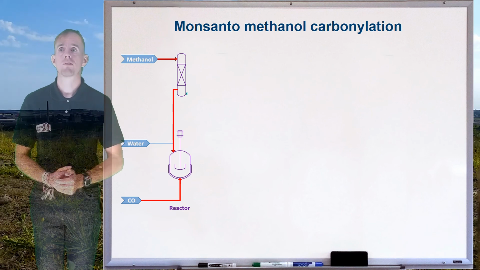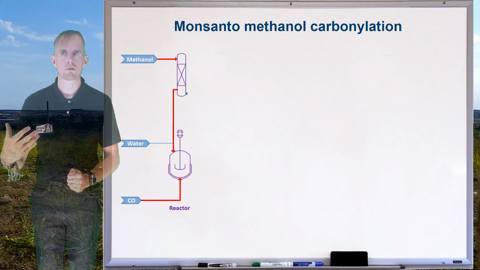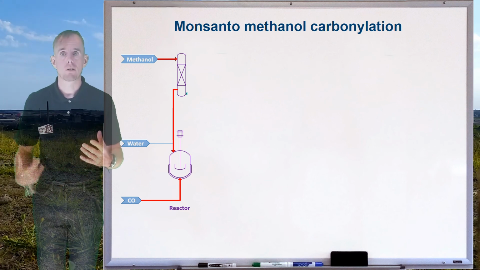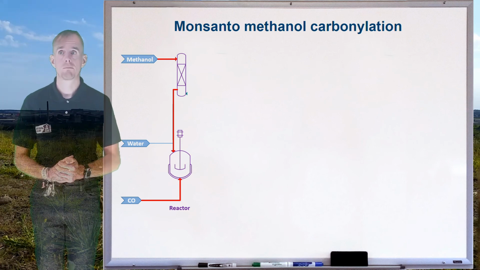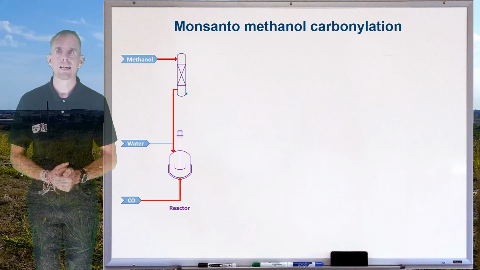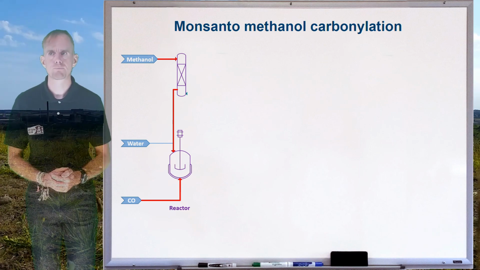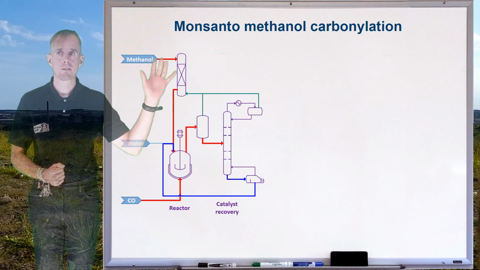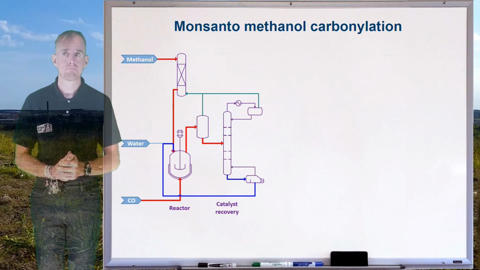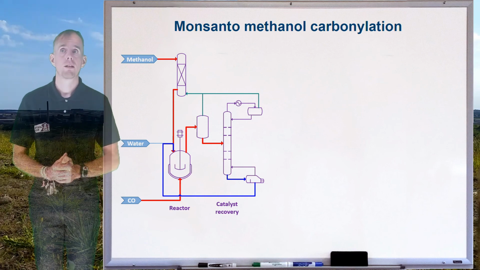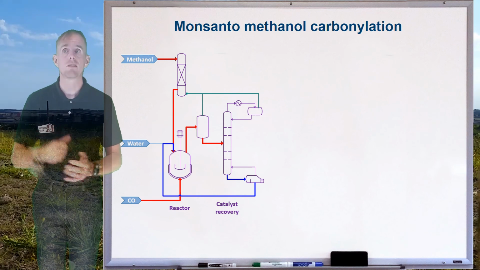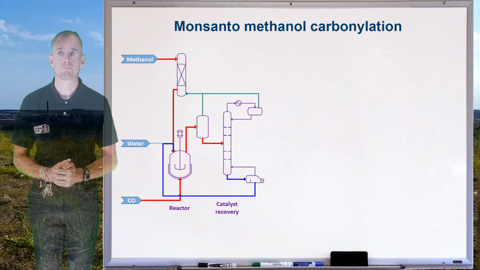What the Monsanto process does is bring together carbon monoxide and methanol in the liquid phase, so the carbon monoxide is bubbled through that methanol, in a slurry of catalyst in a stirred tank reactor. The products from this stirred tank reactor are separated and the catalyst is recovered. Any methanol that is lost during this product recovery is recycled. It's cleaned and recycled back into the reactor loop.